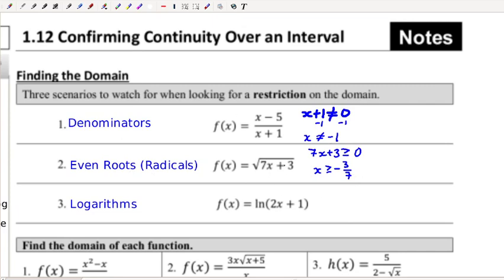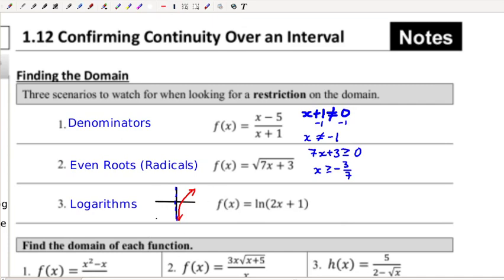And then the last thing that we're looking at is a logarithm. If you think back to what a logarithm graph looks like, remember, it is the inverse of an exponential graph. It kind of looks like this, and we have an asymptote right along the y-axis, at x equals 0.